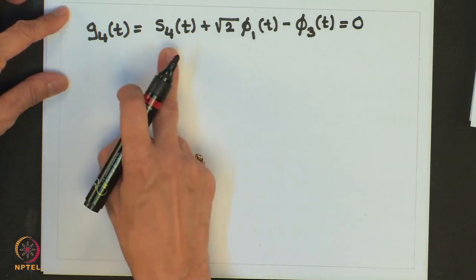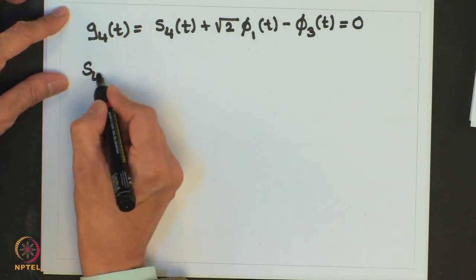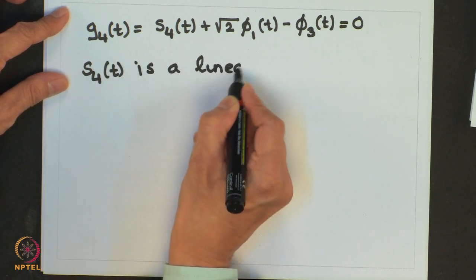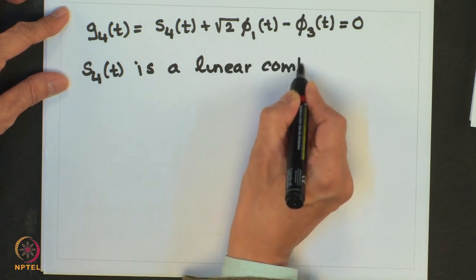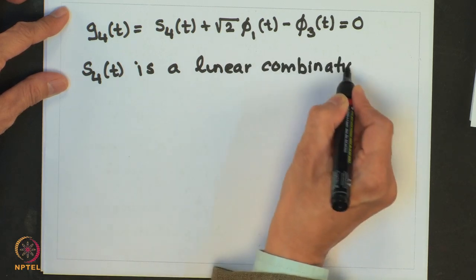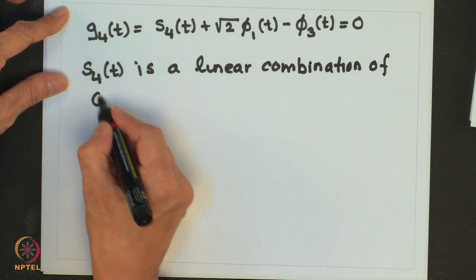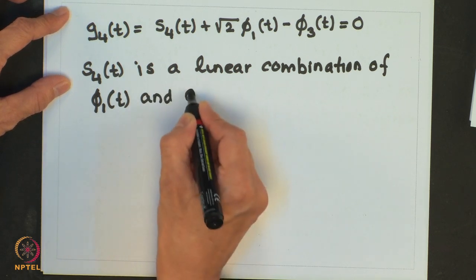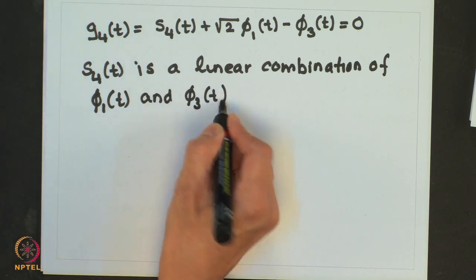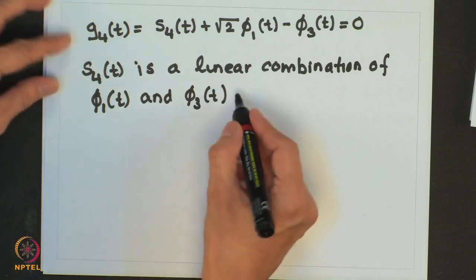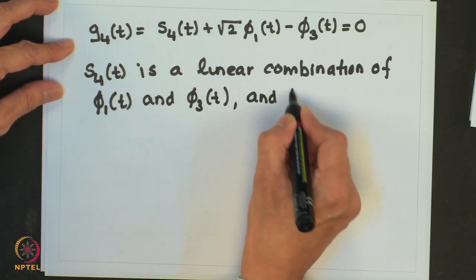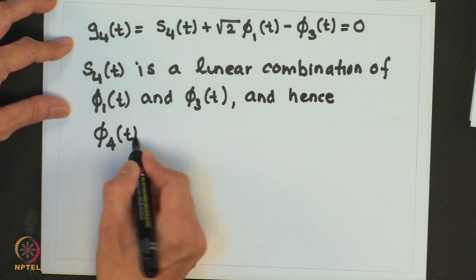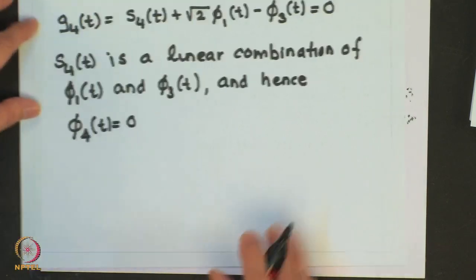So, what it means is that s4(t) is a linear combination of phi 1(t) and phi 3(t), and hence phi 4(t) is equal to 0, okay, fine.